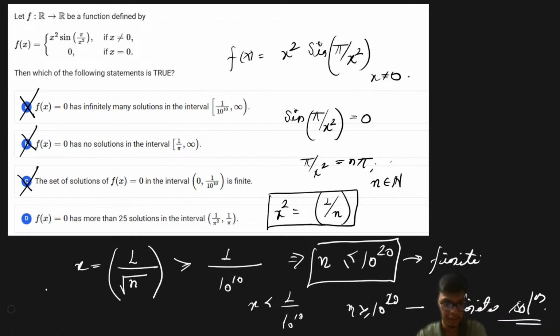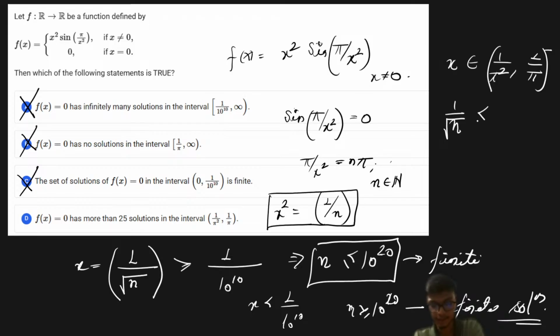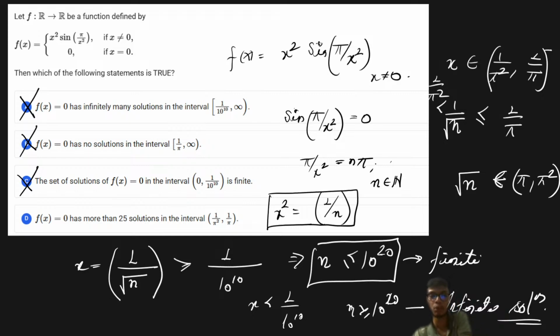Now similarly, if you look at option number D, when you have this x value lying in between 1 upon pi square to 1 upon pi, then you will understand that your 1 upon root n is less than 1 upon pi and is greater than 1 upon pi square, which basically gives you the result that root n is lying between pi to pi square, and therefore definitely within this particular interval you will have more than 25 solutions.